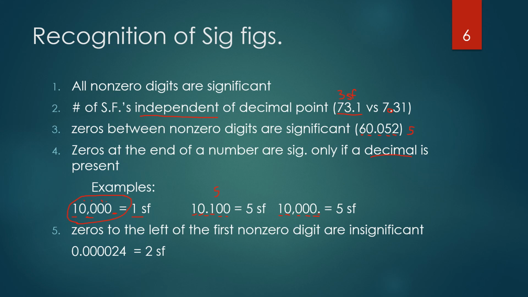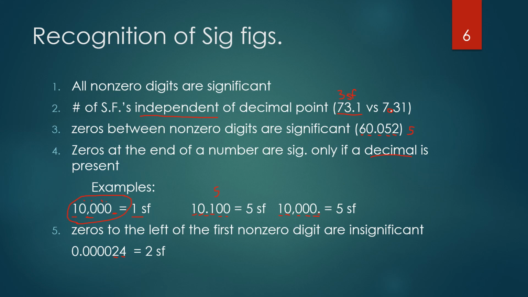Okay, well, none of those zeros count. Why? You think they should because there's a decimal point. The thing is, though, we can't start counting until we get to our first non-zero number. So I have to skip all those zeros because I can't start counting till I get to my first non-zero number, which in this case is a 2. So the 2 counts, the 4 counts, and I only have 2 significant figures.